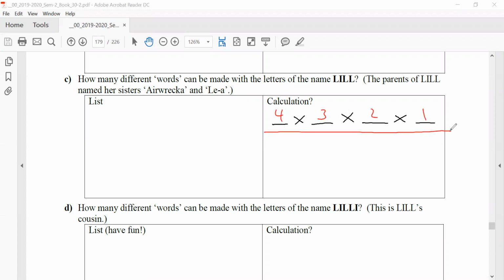Now I'm going to divide out my repeats. Here are my L's, and my L's are identical. There are 3 L's that could go in the first spot, 2 in the second spot, 1 in the last spot. So now what do we really have here? We've got 4 factorial over 3 factorial, which, guess what, is just going to be 4.